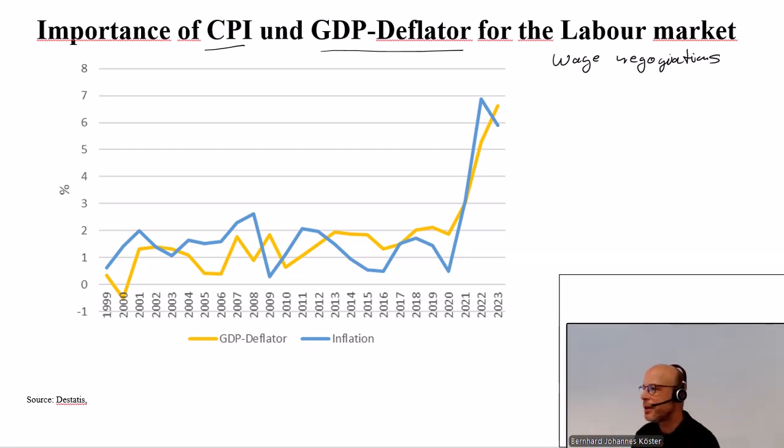So it wouldn't be a surprise that you go to your company and ask, well, you see, inflation due to consumer prices, because this measures the goods and services which I buy as a household. This is my private consumption. Due to this price increase, I want a higher wage, a wage increase of 4%. And this seems quite reasonable.